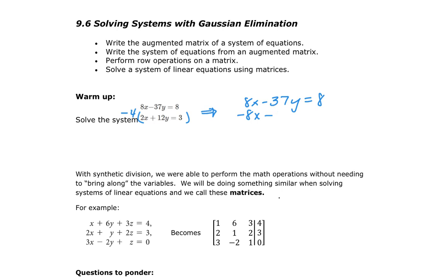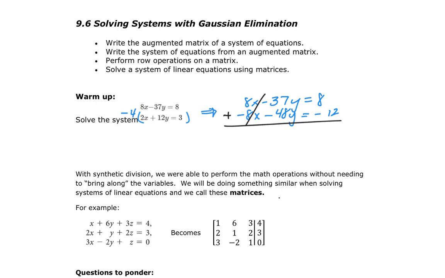Still not feeling 100%, so you'll have to bear with me. So a minus 48y, and then equals a -12. When I do this, the x's will cancel themselves out, leaving me -37 minus 48 more.